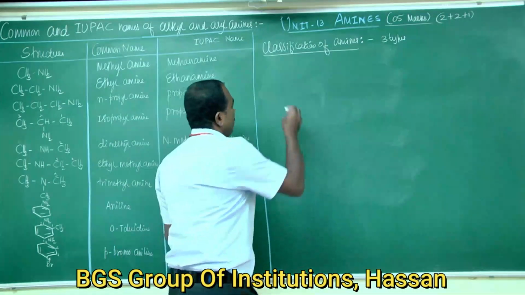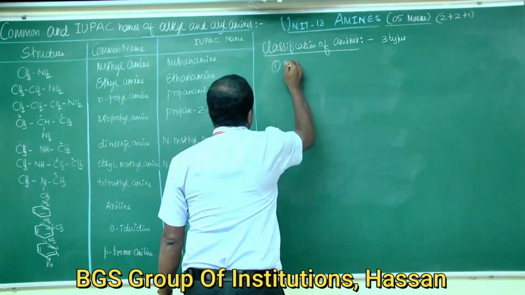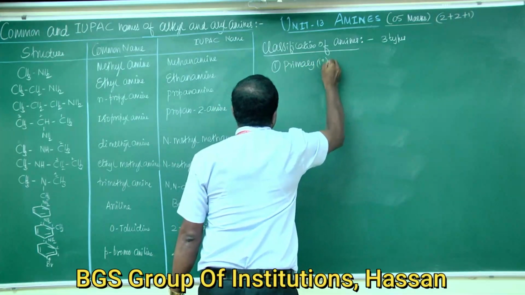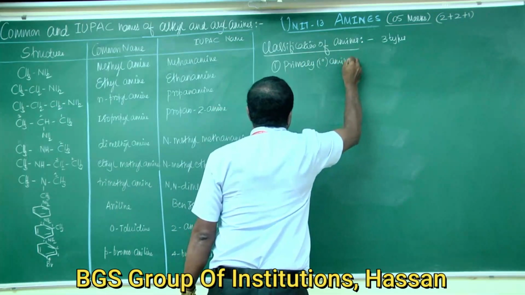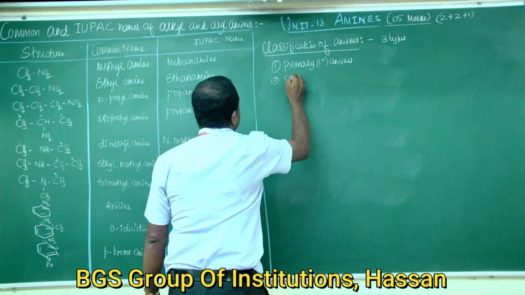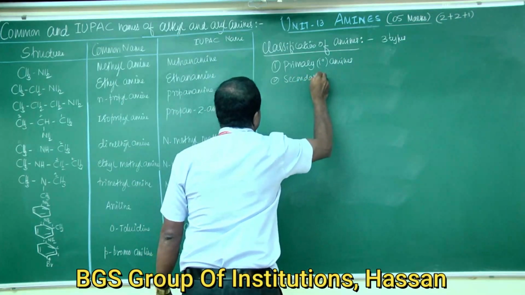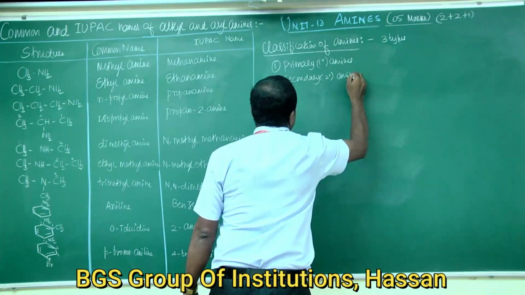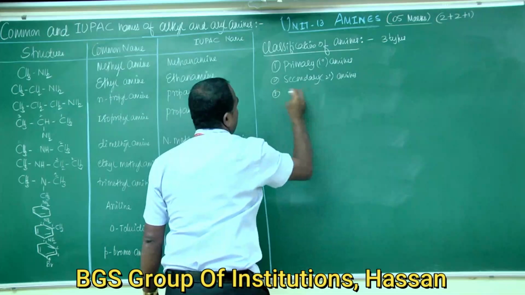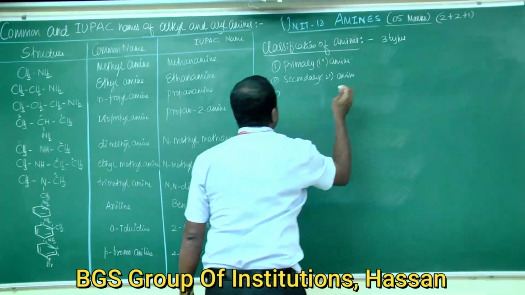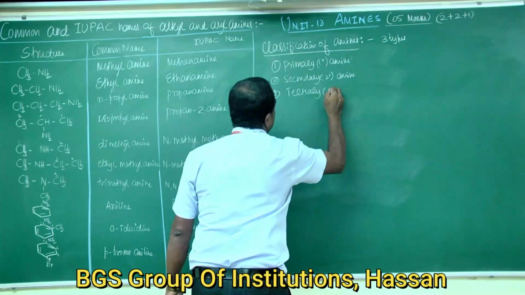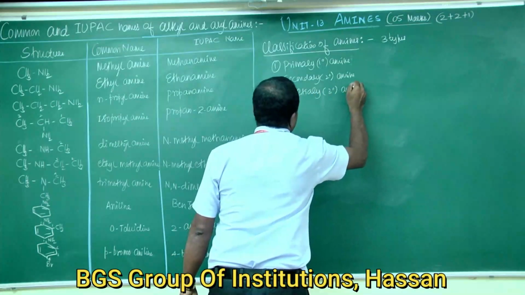They are: the first one is primary, that is 1 degree amines. The second one is secondary, that is 2 degree amines. The third one is tertiary, that is 3 degree amines.